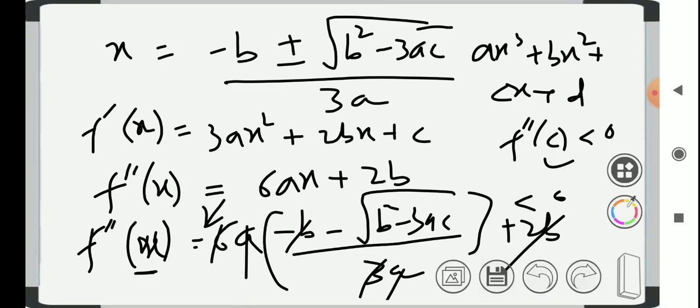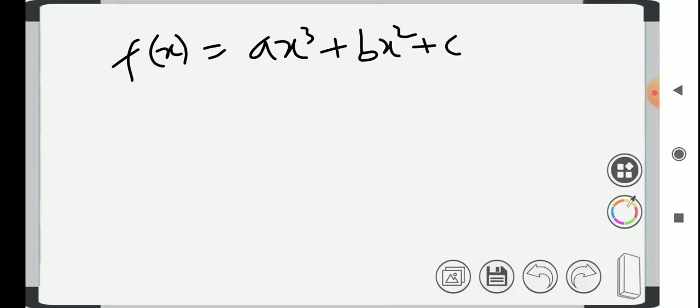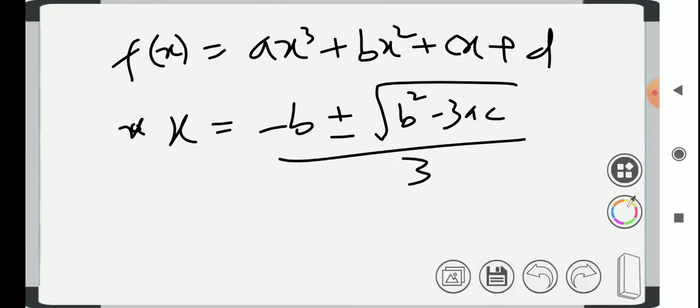Similarly, I am not going to do it, but if you put minus b plus under root b square minus 3ac upon 3a, you will get a point of minima. So the short trick is simply this: if we have a cubic polynomial, in order to determine the maxima and minima points, we will simply calculate these two values. x is equal to minus b plus minus under root b square minus 3ac upon 3a.